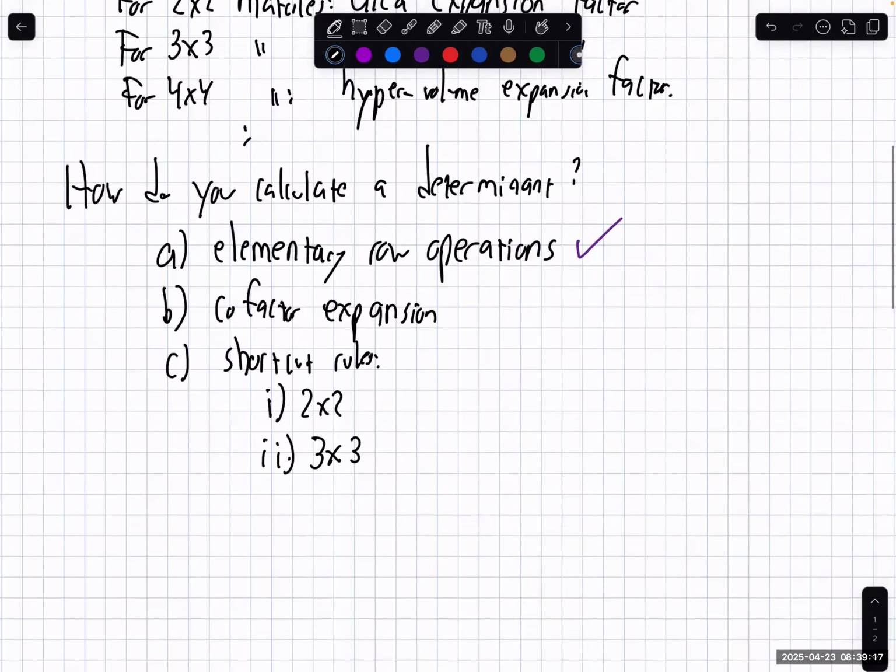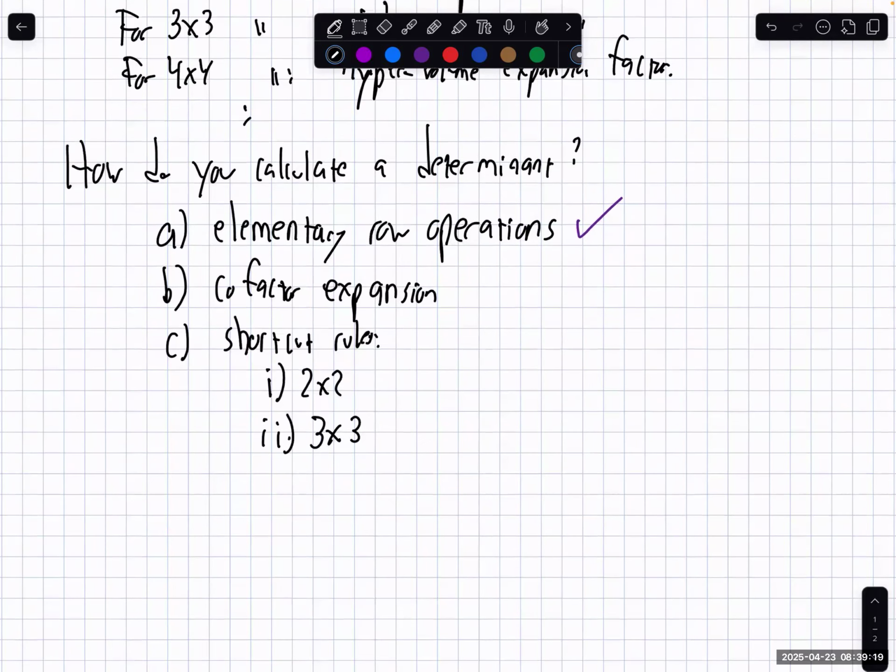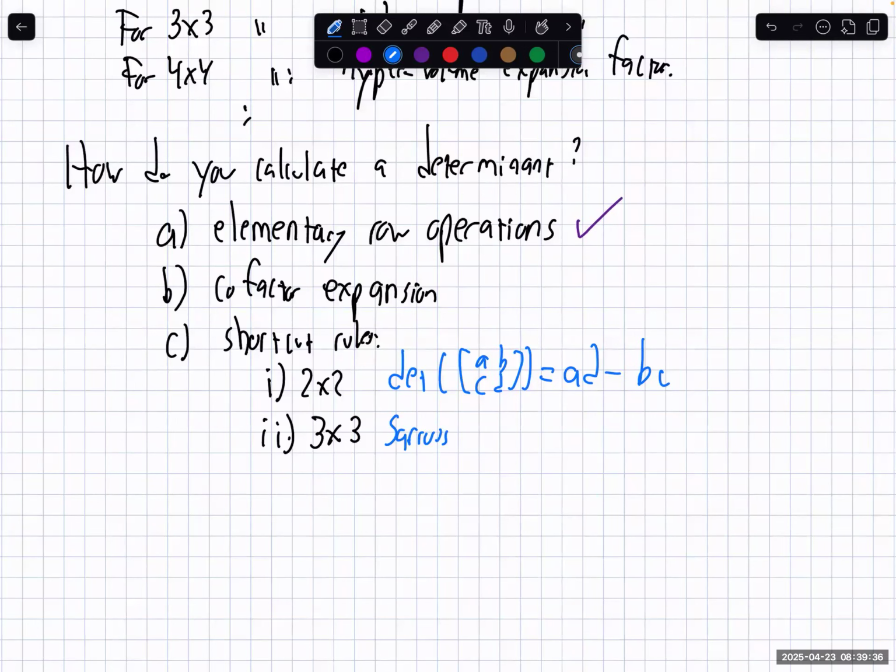And then there's shortcut rules for 2 by 2 matrices and 3 by 3 matrices. The 2 by 2 is just AD minus BC. And a mathematician named Sarrus, who I've never heard of except in this context, came up with a nice way to calculate 3 by 3 determinants.